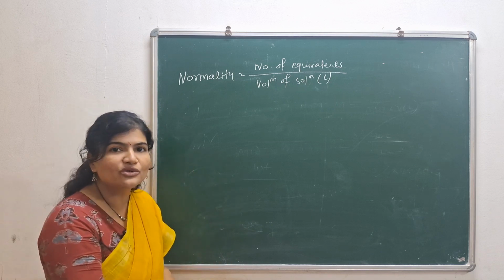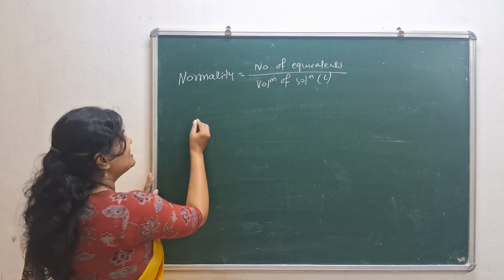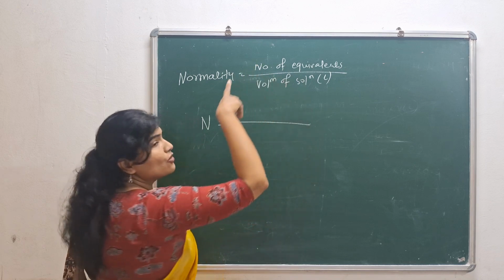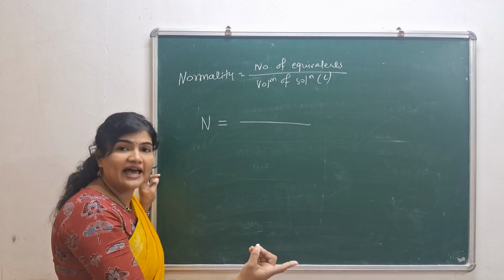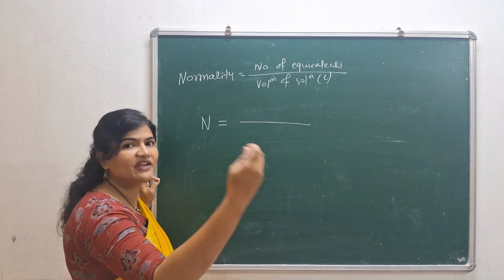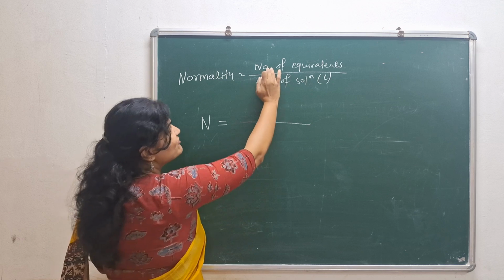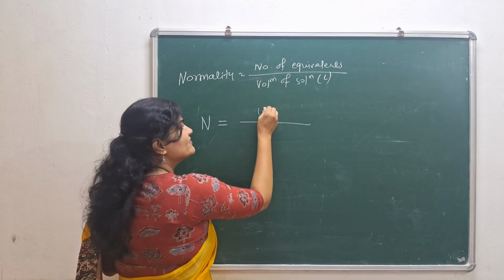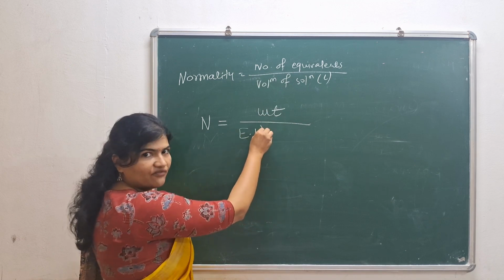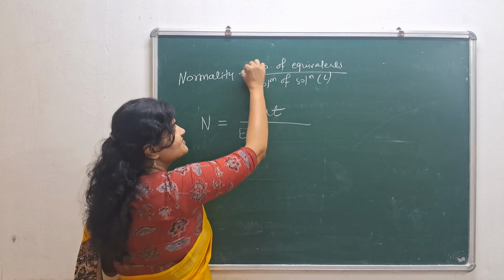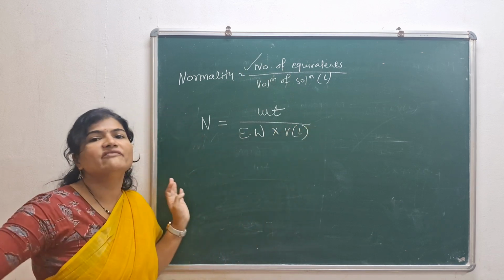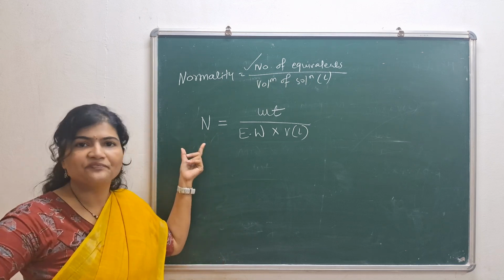I am going to simplify this for you, and give you a simplified formula where normality is equal to... Just like molarity, where we use the number of moles, calculated by weight upon molecular weight, here we have to find the number of equivalents, and we find that by taking weight upon equivalent weight. So weight upon equivalent weight gives me the number of equivalents, and then there will be the volume in liters. This formula we will be using to calculate the normality.